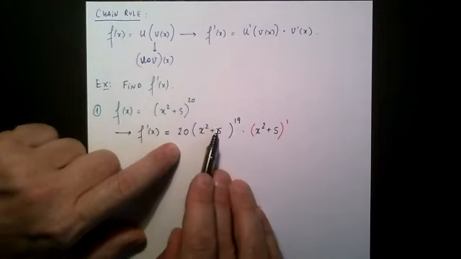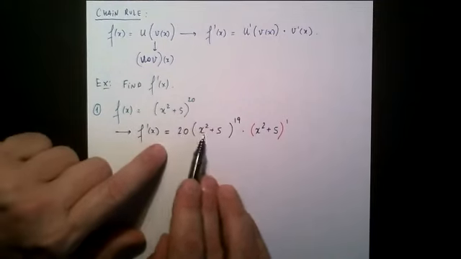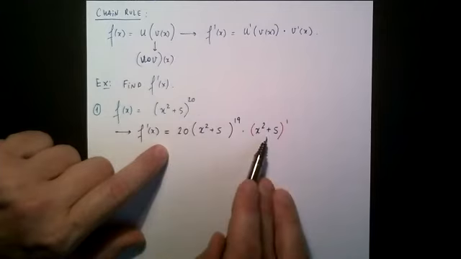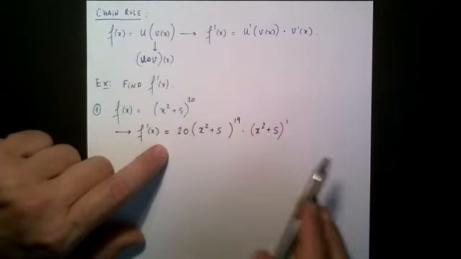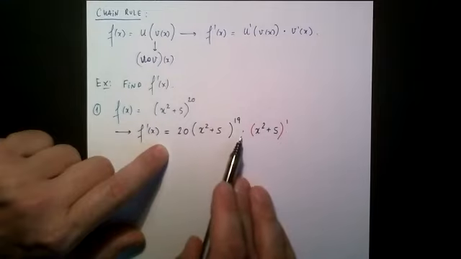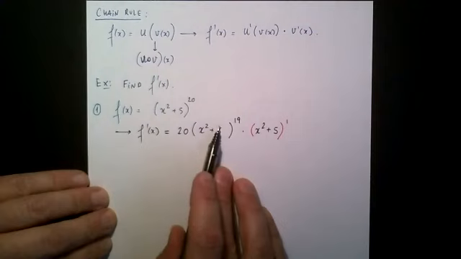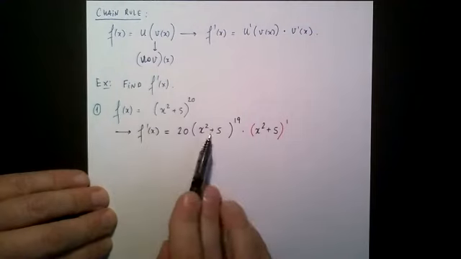If this were just x to the power 20, I would have 20x to the 19 times x prime, but x prime is 1, so I wouldn't even need to write it. That's why we didn't write it until now. But now what's inside is not just x, it's a function which I need to derive.